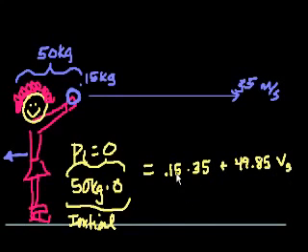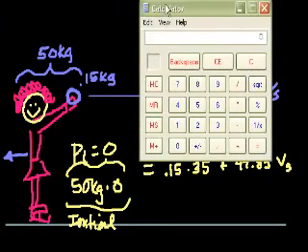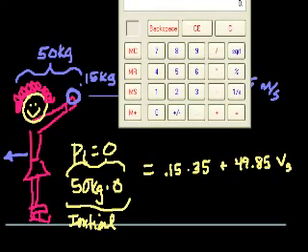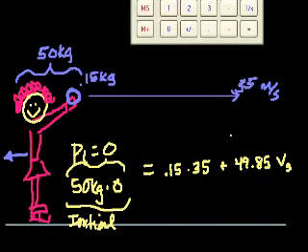Let me get my trusty calculator out. Okay. 0.15 times 35 is equal to 5.25.